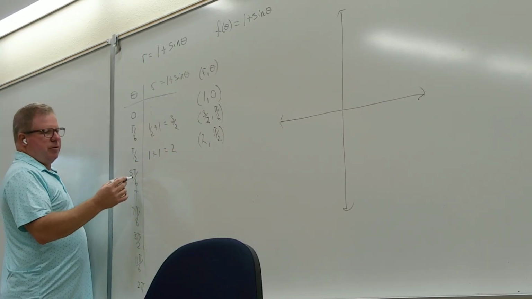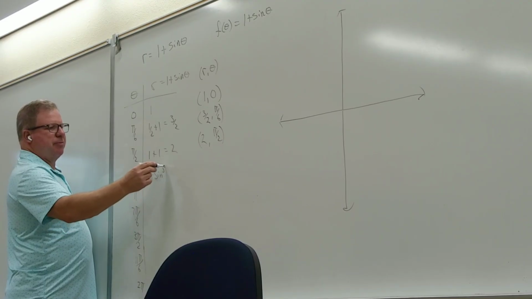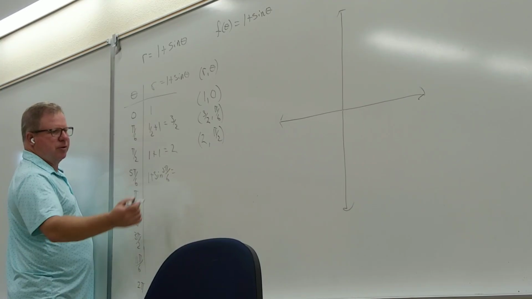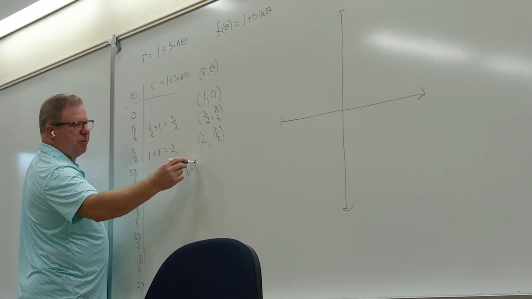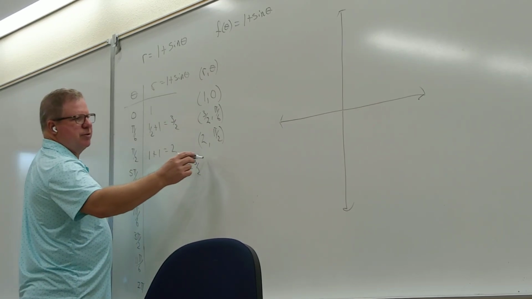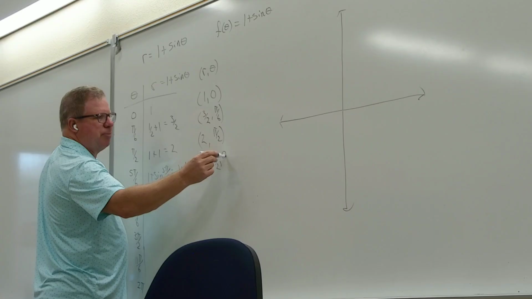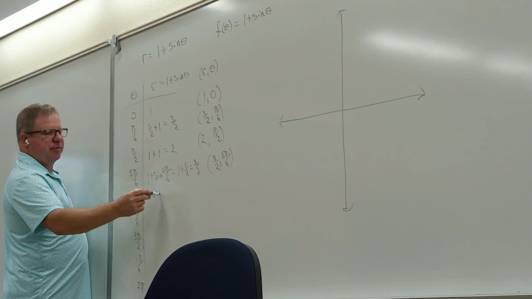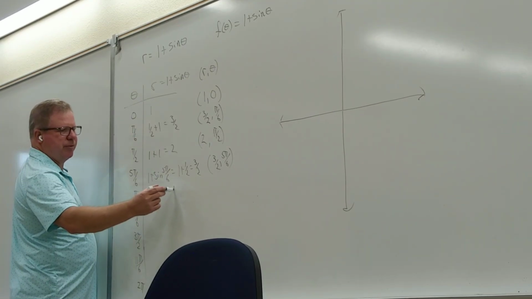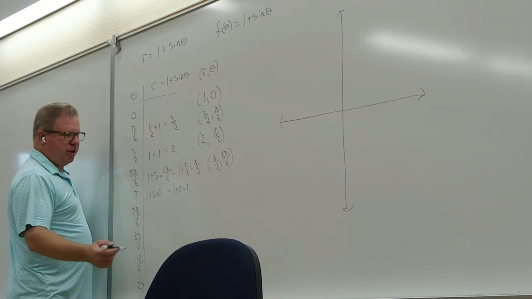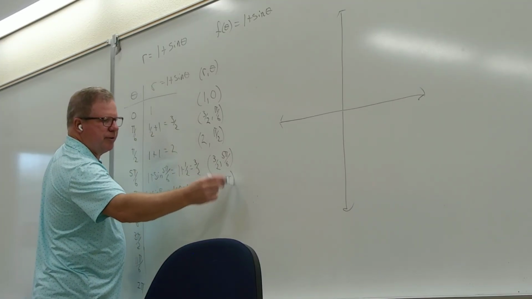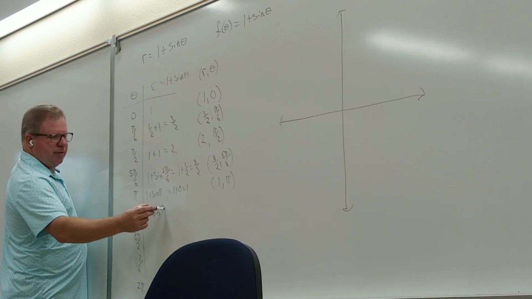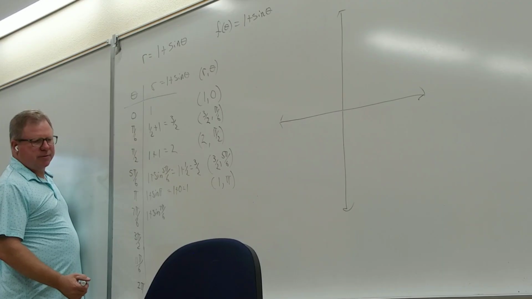Next one, 1 plus sine of 5 pi over 6. What's sine of 5 pi over 6? 3/2 again. So 3/2, 5 pi over 6. What's sine of pi? 0. So we got 1, pi. Sine of 7 pi over 6?